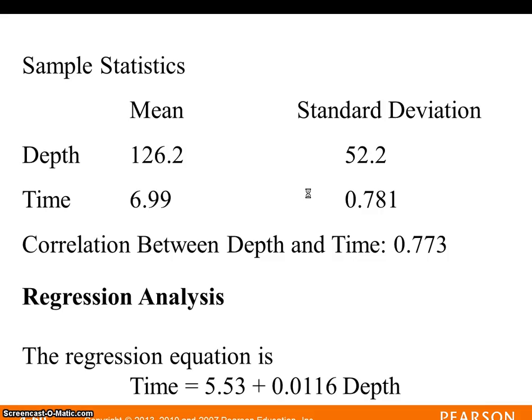I think we already determined these: the mean for the depth and the time was given by this, the standard deviation was given by this, and the correlation between time and depth was given by this. According to the regression analysis we did, y, the time in this case, is equal to the y-intercept plus the slope times the depth, or y equals mx plus b.